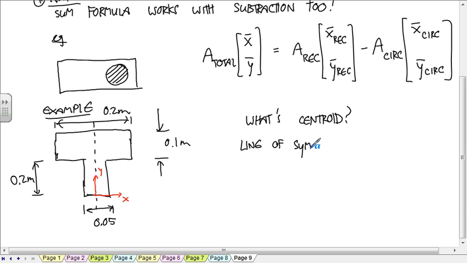So line of symmetry says the x component of the centroid is equal to 0. So now for the y component, let's break this up into a top rectangle and a bottom one. I'm going to call this one body 1 and this one body 2.